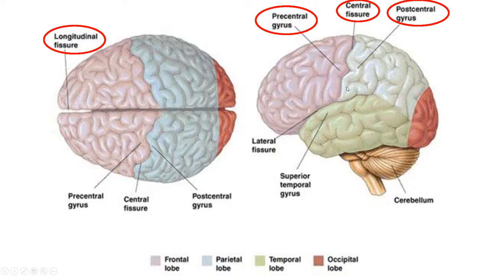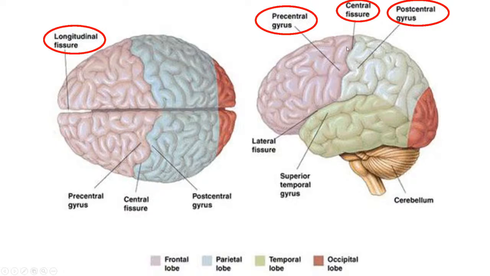All right. Now, we've already said that the post-central gyrus, which we see here, is the primary somatosensory center for the brain. This is the part of the cerebrum that's going to receive and interpret sensory information, somatic sensory information, the things that we're aware of.